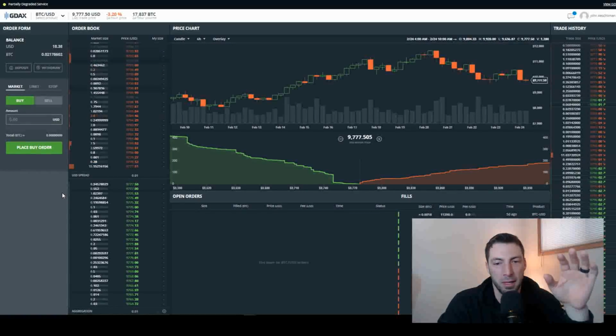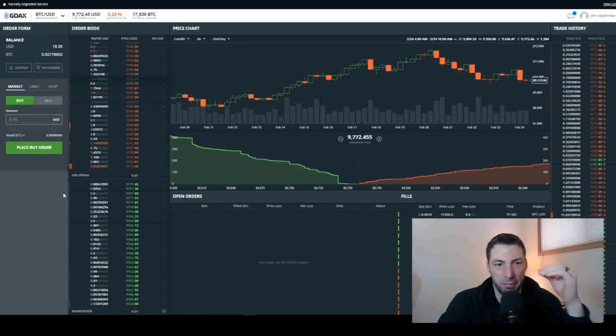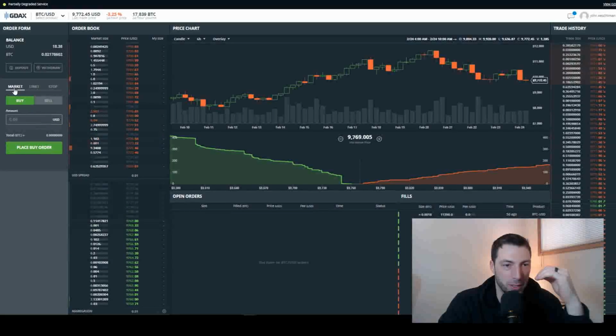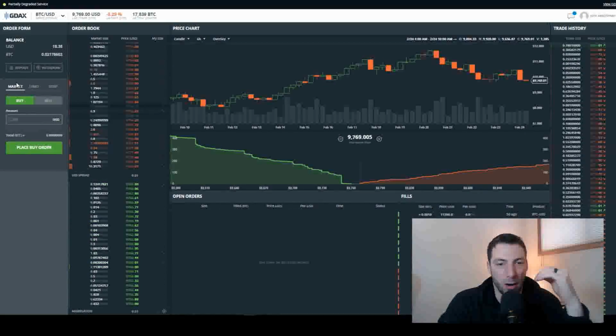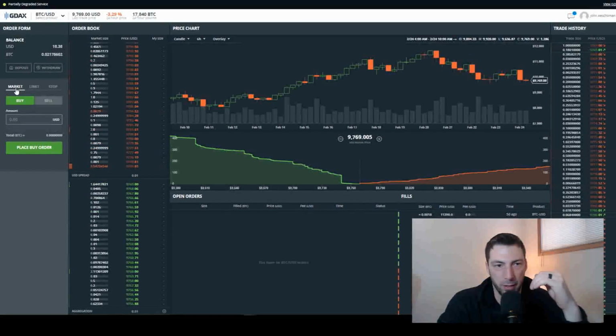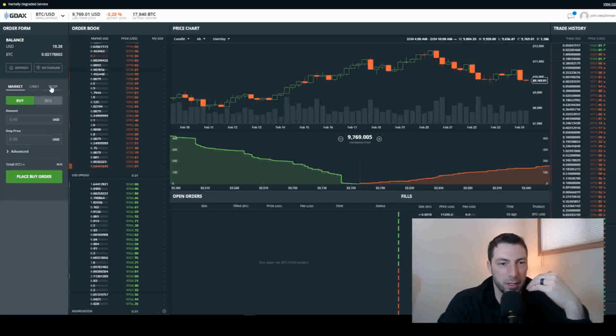Another thing worth clarifying is that GDAX charges a small fee for market orders. The reason I'm extra clarifying market orders here is because stop buys and stop sells are market orders.